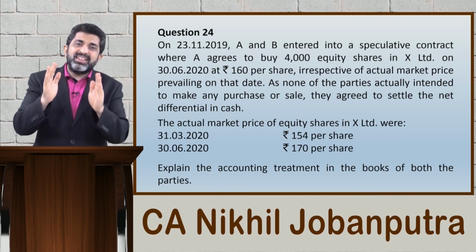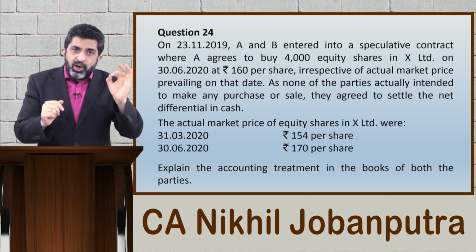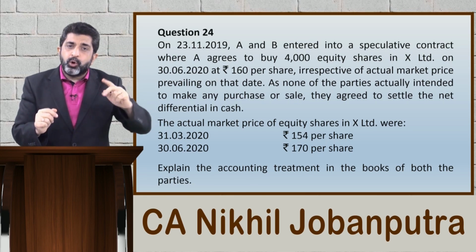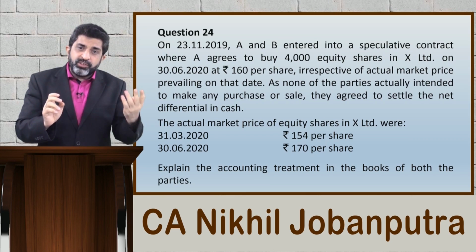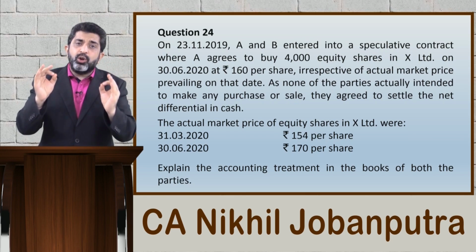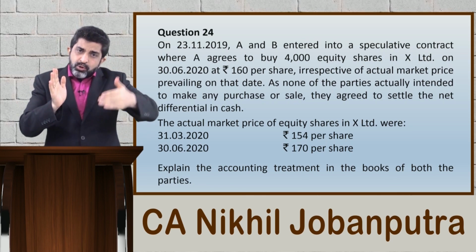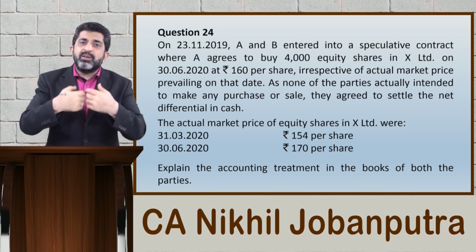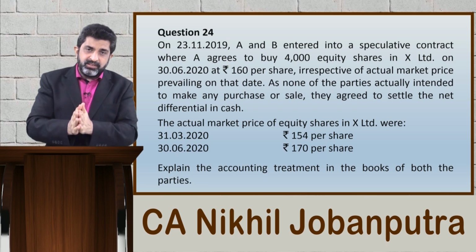So, how much is the loss I am suffering on that date? Do you know? Per share, the price has fallen from 160 to 154. Per share, it is a loss of rupees 6. Multiplied by 4,000 shares, it is a total loss of 24,000. Suppose the same scenario continues by 30th June and the settlement date arises, I will have to pay you 24,000 rupees.